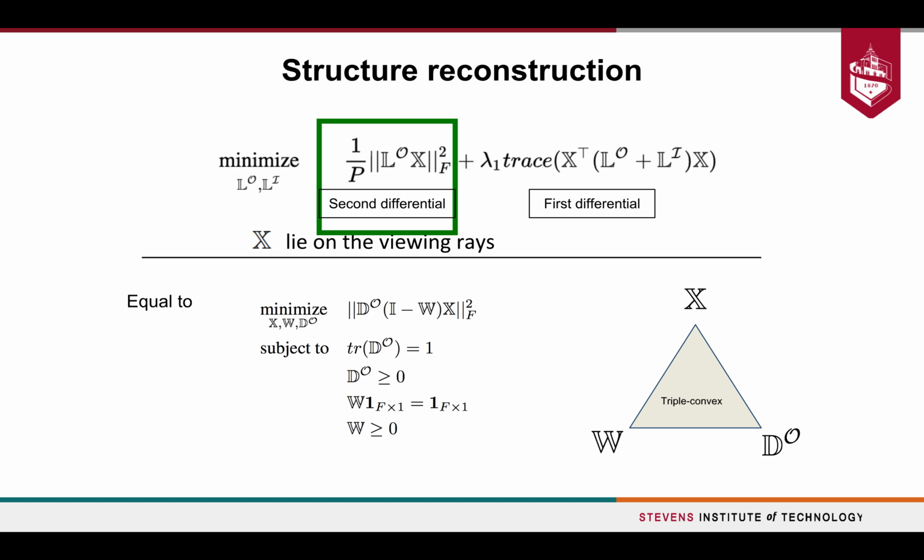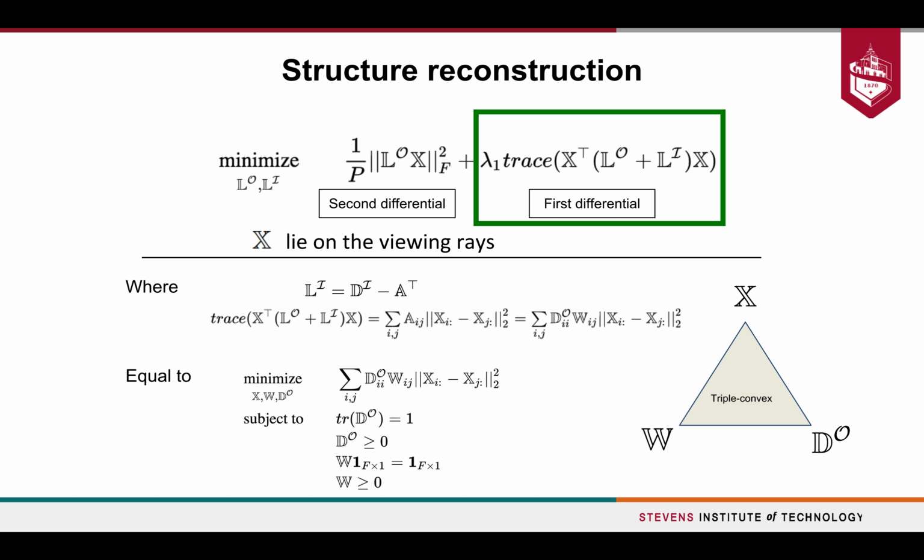For the D matrix you only have values on the diagonal, and what is important for D out is only the proportion of each value, so we can set the sum of the diagonal to a constant value. Here we set it to 1. So finally, this is a triple convex function.